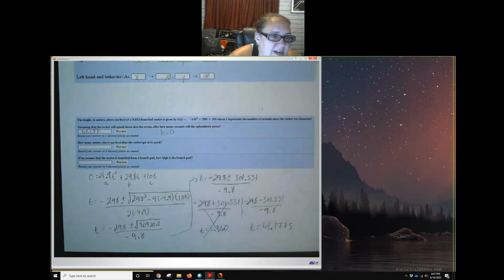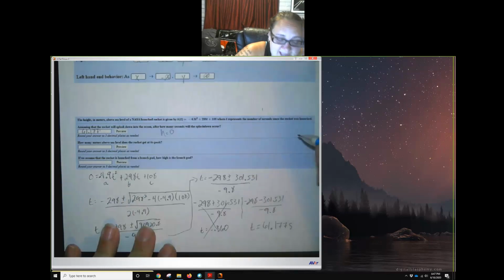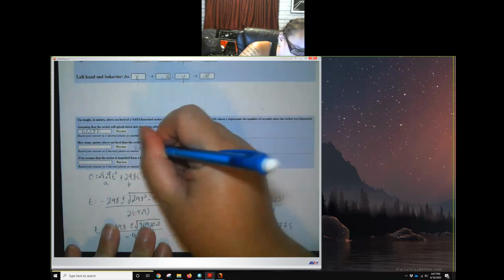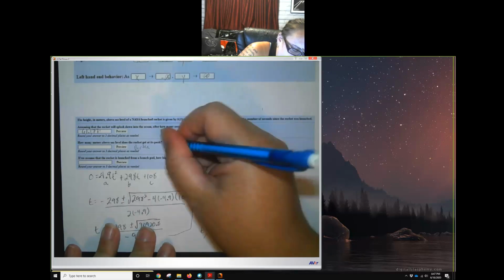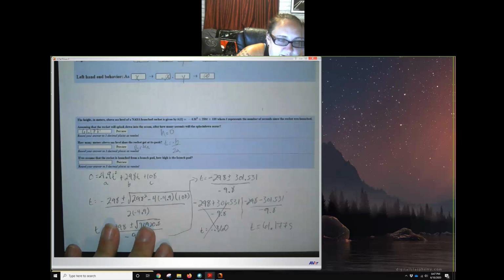And then how many meters above sea level does the rocket get at its peak? Well, for that, we're going to do the vertex. So anytime they ask you for the maximum or the minimum, you're going to look for the vertex. So we're going to start with my t equals negative b over 2a, just like I said above.